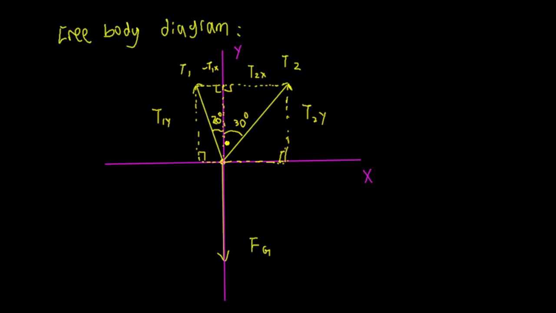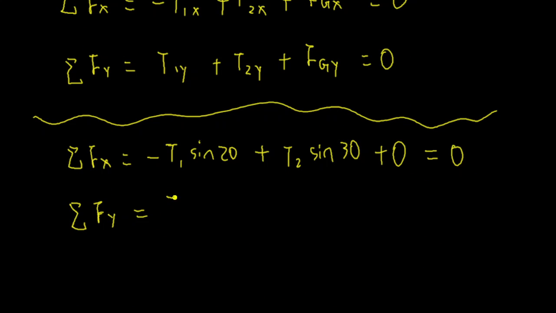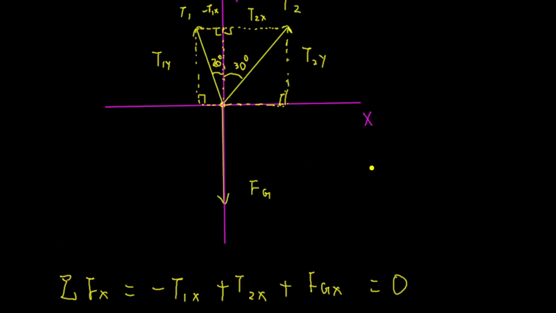So to get the adjacent component here, you have to take hypotenuse times cosine of this angle, 20 degrees, to get the adjacent base of this right triangle. So this is T1 cosine 20 degrees.